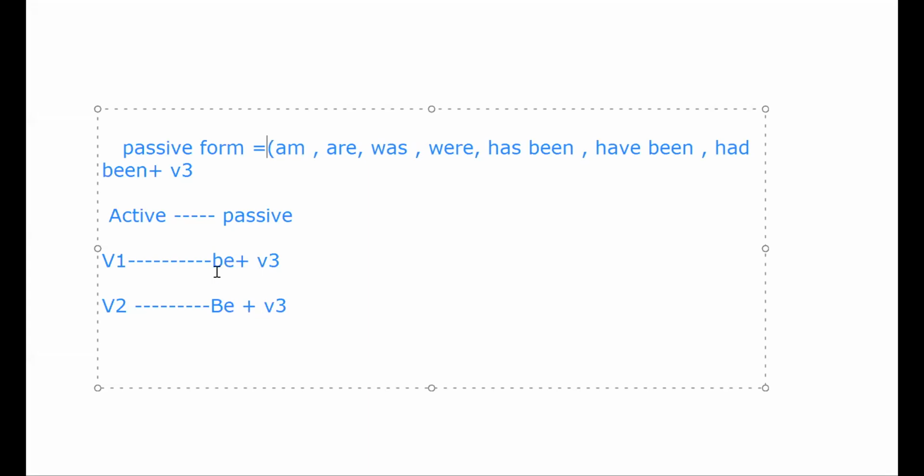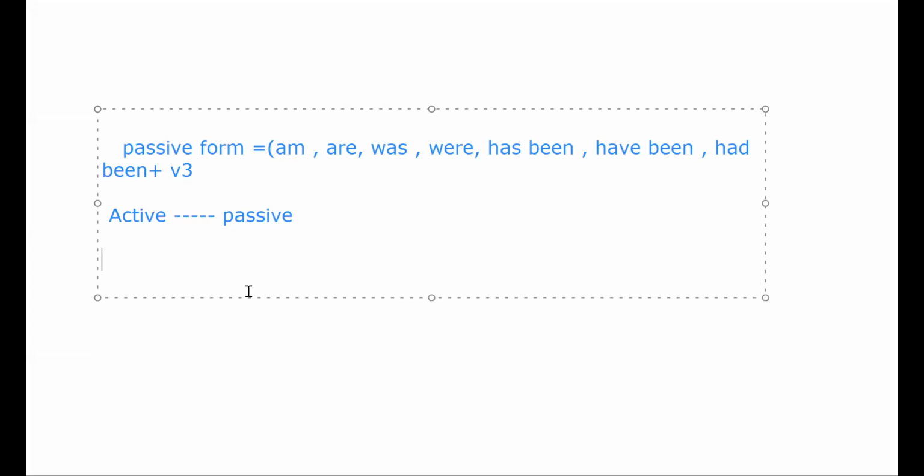The only thing that changes is the B form. Fine. Now see, I'll give you actions. EAT, V1 form. I'm changing this into passive. BE plus V3 form. What is the V3 form of eat? Eaten. Be eaten. Okay. So this B depends on the tense. This B can be any of these B forms, depending on the tense.